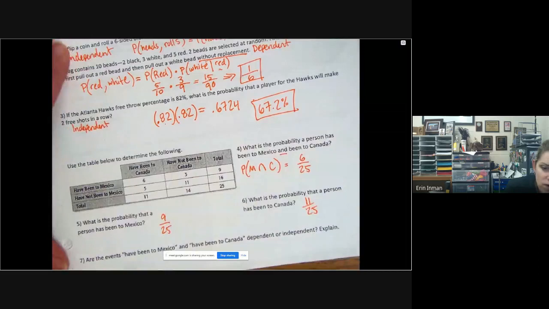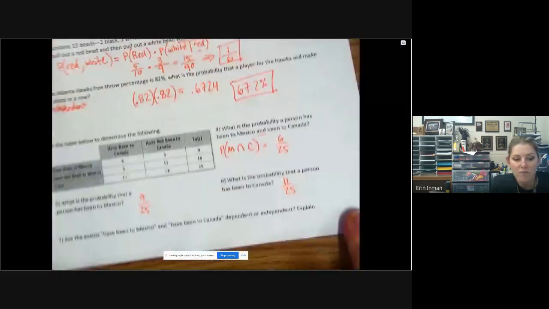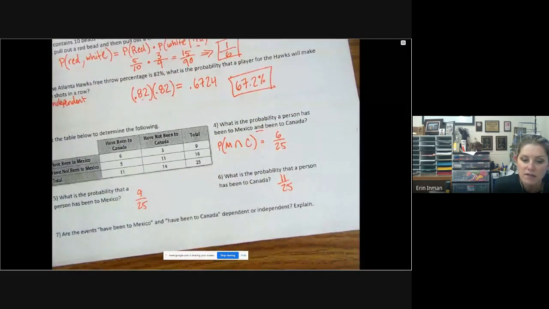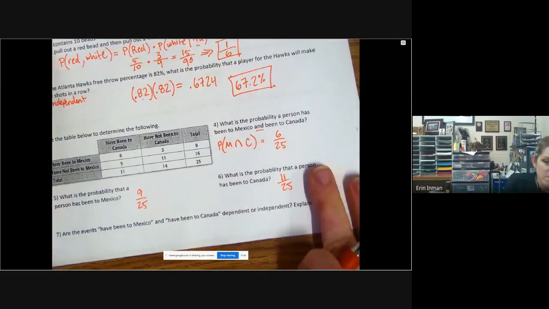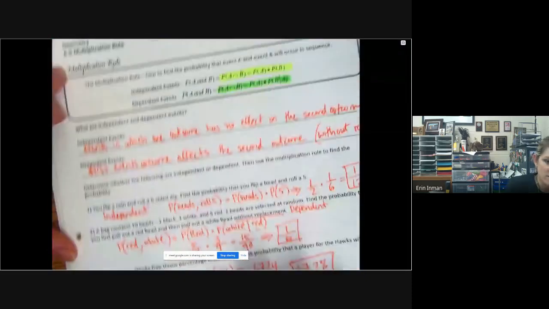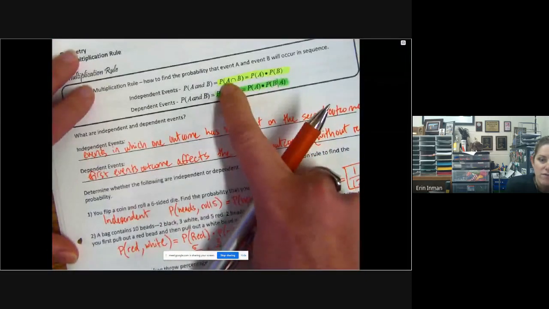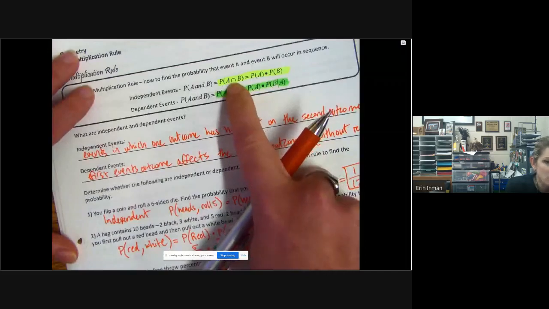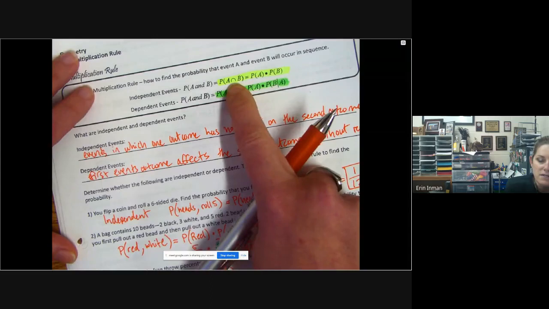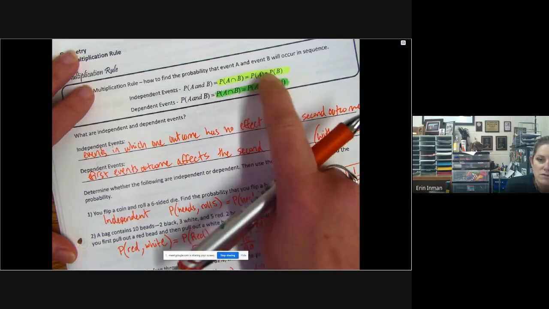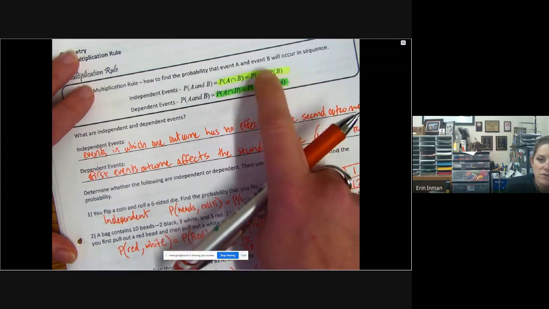Okay, now they ask, are having been to Mexico and having been to Canada independent or dependent? How the heck can we tell? Well, remember this formula up here that says the probability of A and B, that intersection, both things happening at the same time, if it's independent, will be equal to the product of those probabilities.